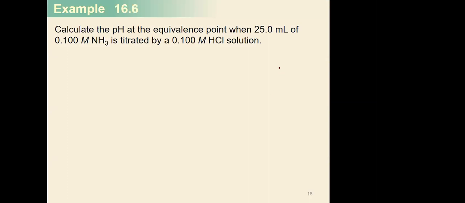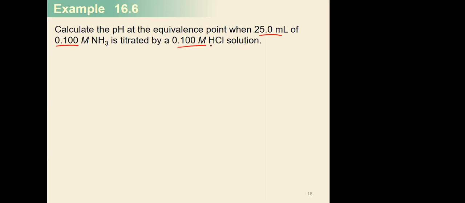Calculate the pH at the equivalence point when you have 25 ml of 0.1 molar ammonia titrated by 0.1 molar HCl. What do you think is the pH at the equivalence point under this condition?